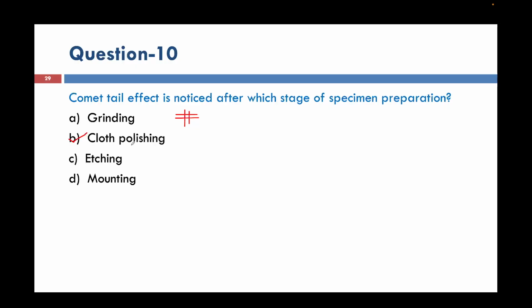Diamond slurry is also used as an aerosol spray. We have seen diamond slurry of 3 different categories in the videos on how the specimen is prepared. So that is the stage where the comet tail effect occurs.